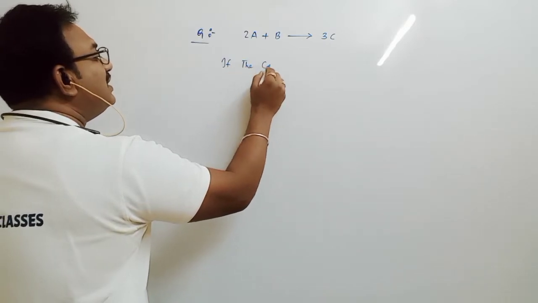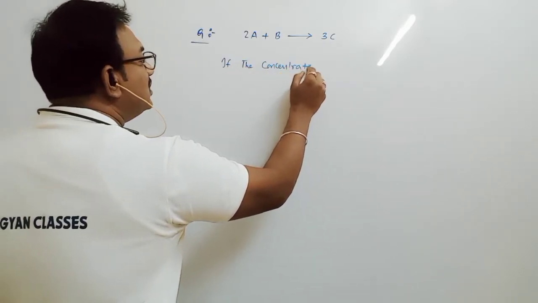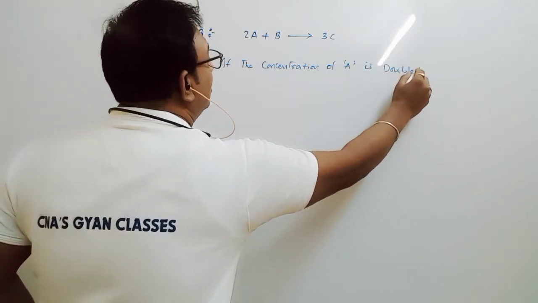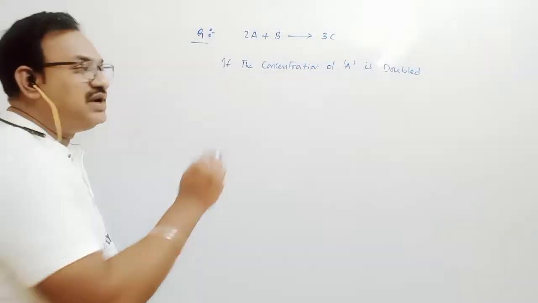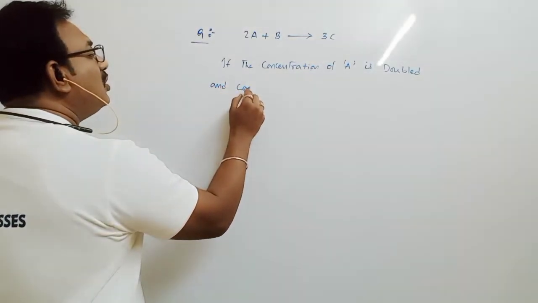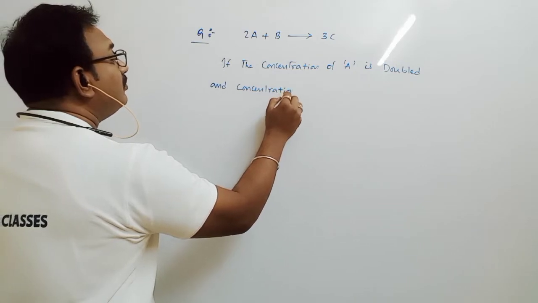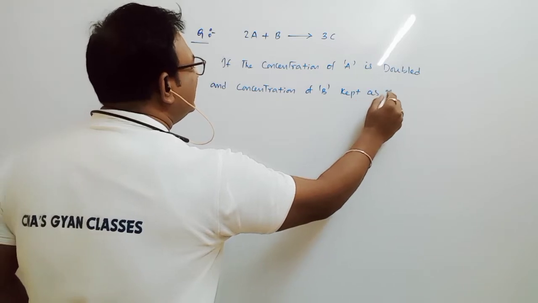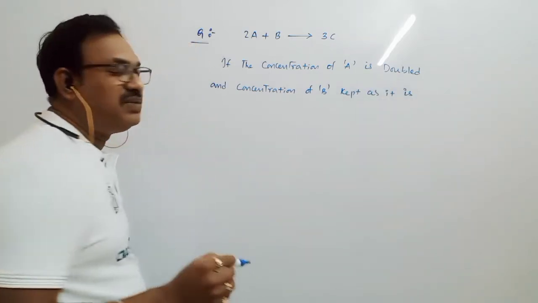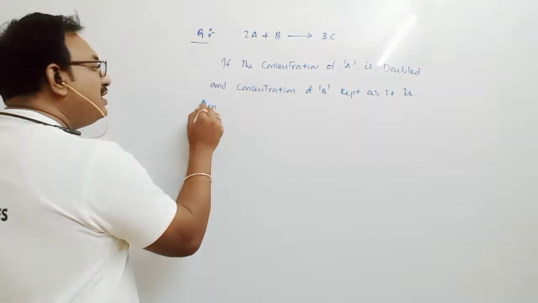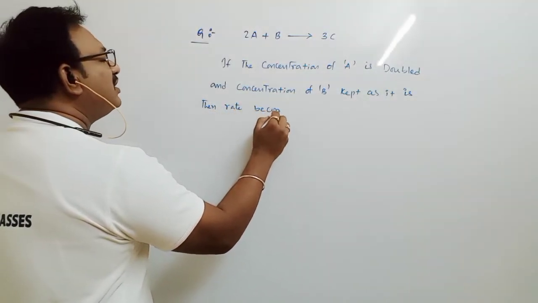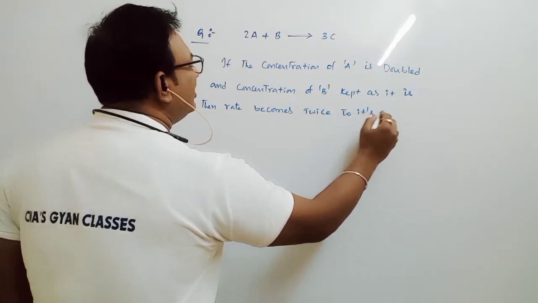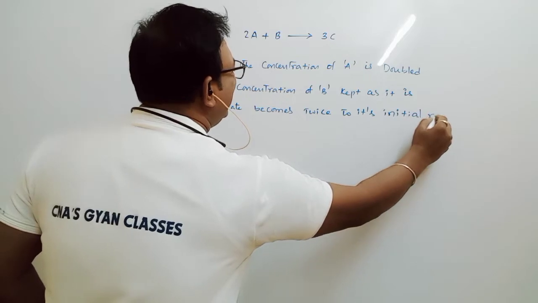If the concentration of A is doubled and concentration of B kept as it is, then rate becomes twice its initial rate.